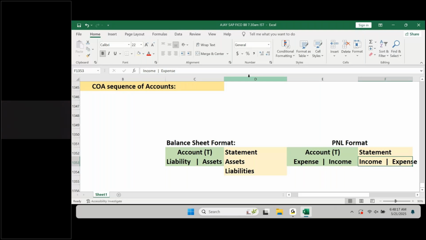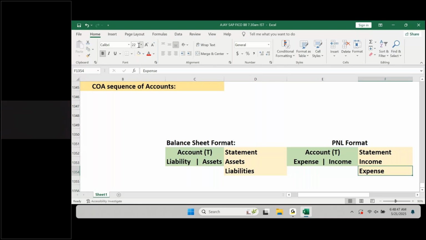You put sales, then cost of goods sold, then you show gross profit, net profit, then other operating expenses, non-operating expenses, operating income, non-operating income. Can you recollect something when you listen to these points? All right. So in the account format, expense comes first; in the statement format, income comes first and expense next.